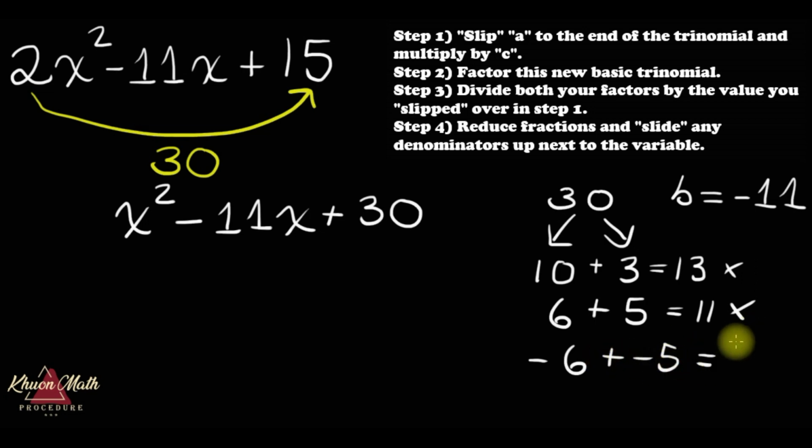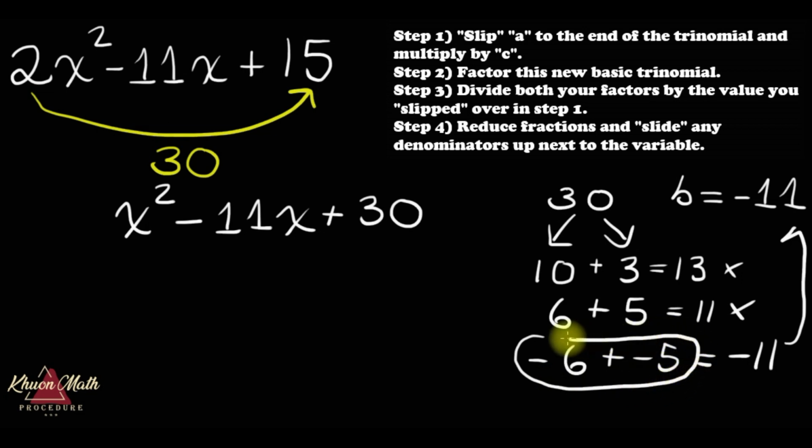Negative 6 times negative 5 is positive 30, and when you add those two numbers, you get negative 11. All right, so that one looks good. So now we found the two numbers, negative 6 and negative 5.